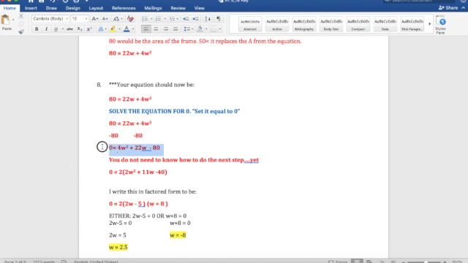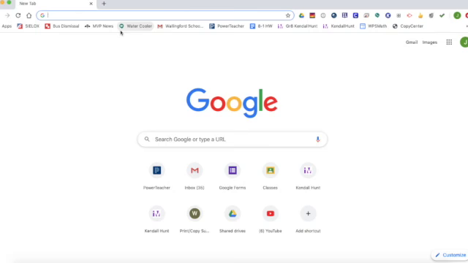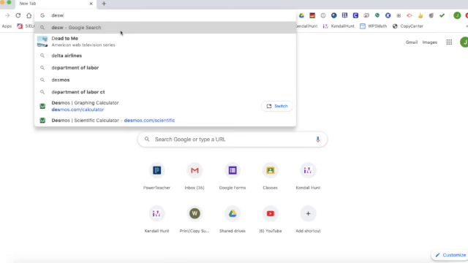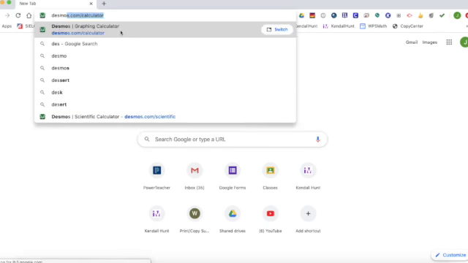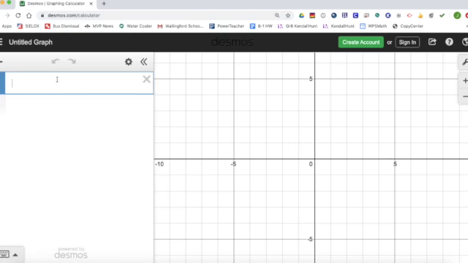But instead of 0, I'm going to put in a y equals. So I'm going to copy that. I'm going to go to Desmos, open a new window, because I think I have your form open. Desmos. I'm going to do y equals, okay.